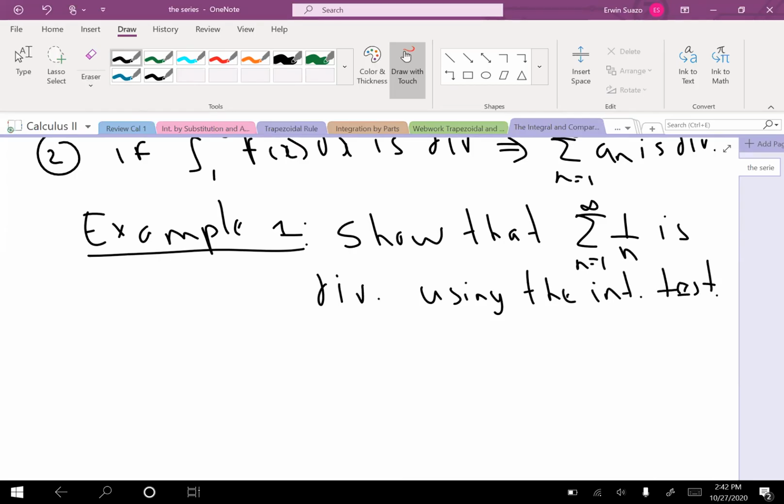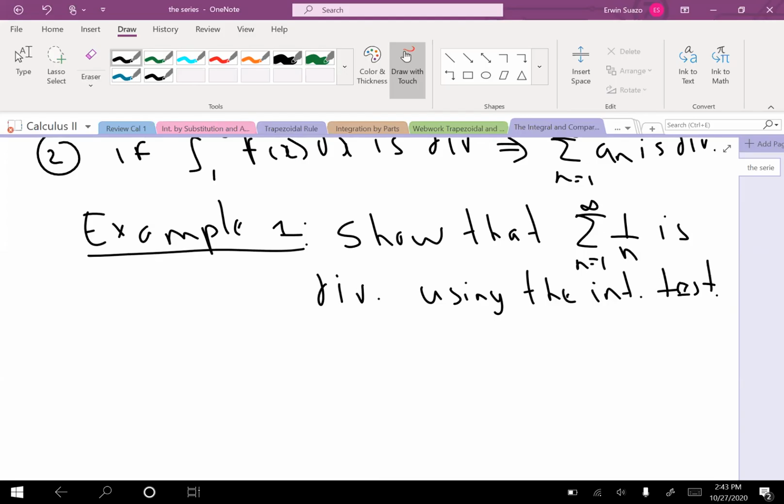When I was showing you the notes, I skipped some things because in the notes they show that this sum is divergent in a long way. I don't want to do that because I have the integral test. I don't want to confuse you. So let's do that with the integral test.